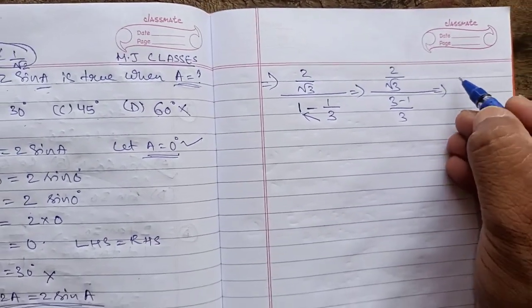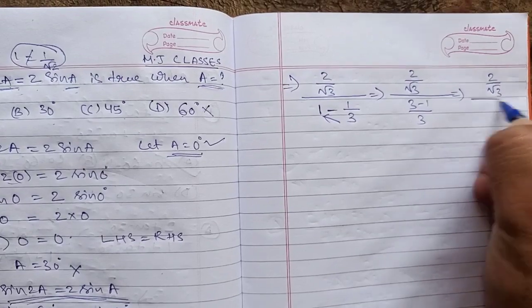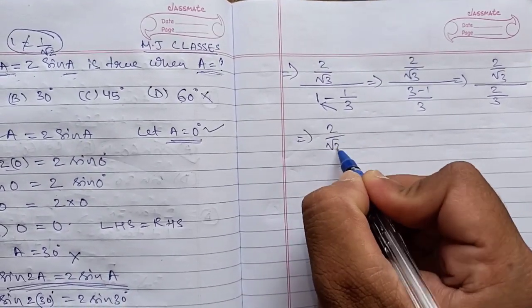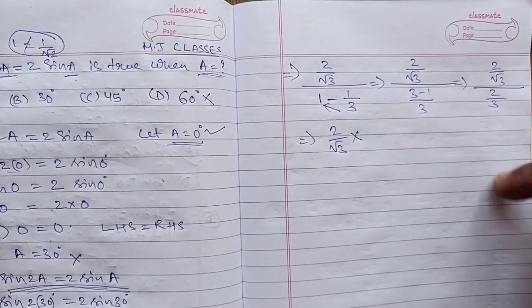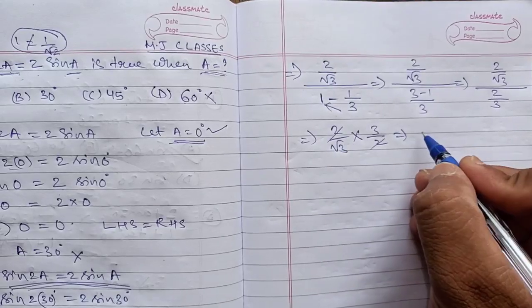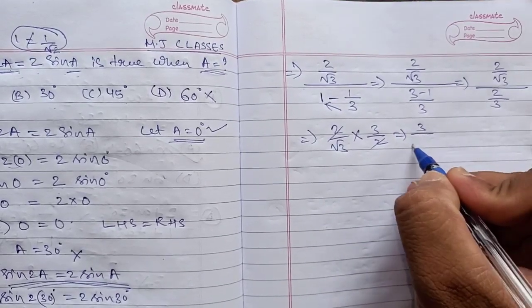Okay, 2 by root 3, 2 by 3, 2 by root 3 into this denominator will be reversed, reciprocal, 3 by 2. Cancel it, 3 by root 3.